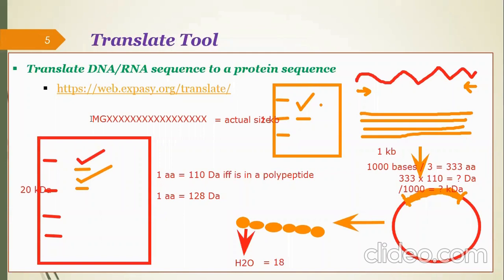So if the peptide has more glycine, the actual size will be less. Similarly, if the peptide frequently has an amino acid whose size is more than the others, the actual size will be more than what we assume. Am I clear or not?